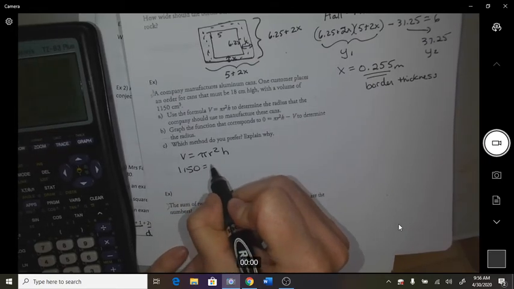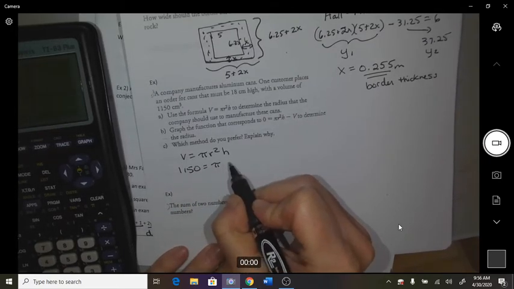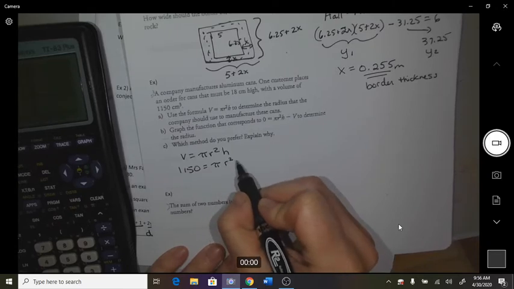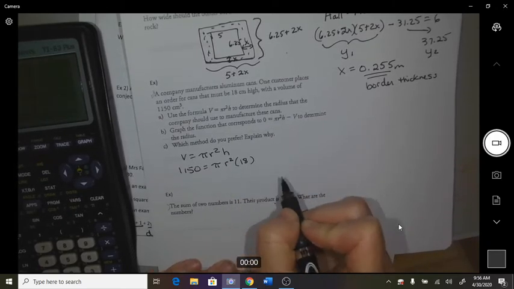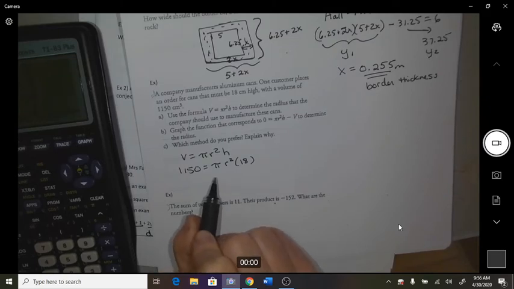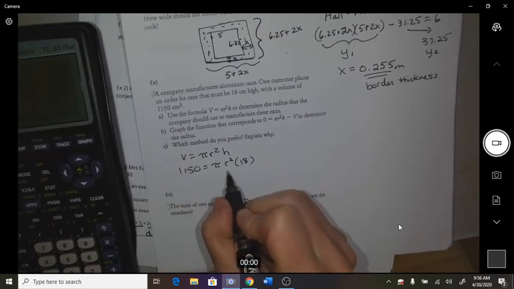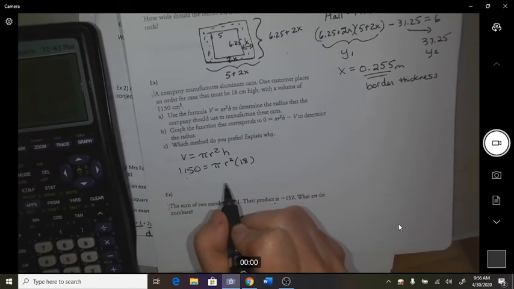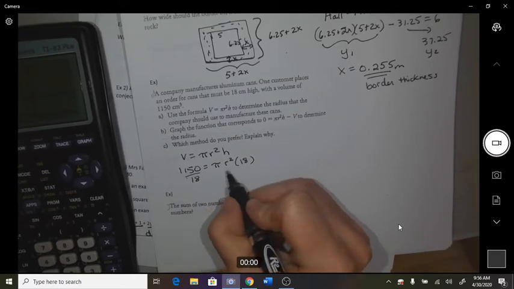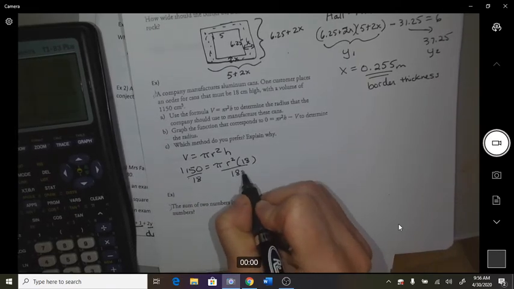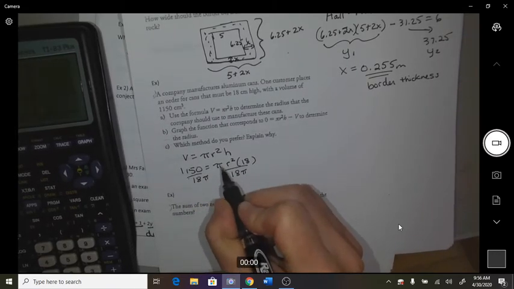So there's my volume, pi r squared times 18. Okay, so if you wanted to, you could type this into y1 and this into y2. Okay, and figure out the intersection. I think this is kind of easy enough to do with algebra.